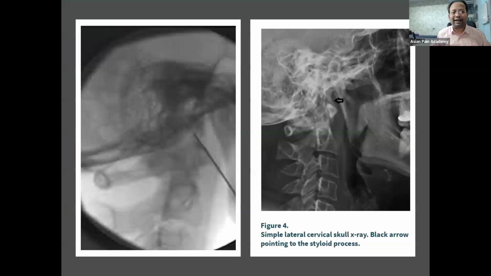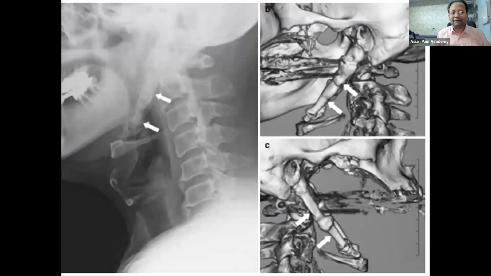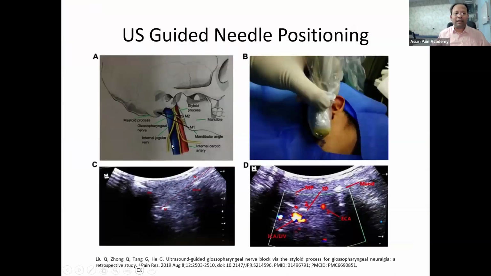There is a small technique here. In X-ray guided positioning you have already seen, but when we are doing it by ultrasound, this ultrasound positioning will help you to understand the location.